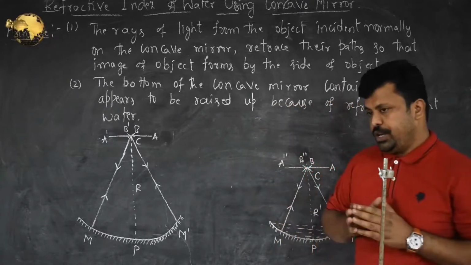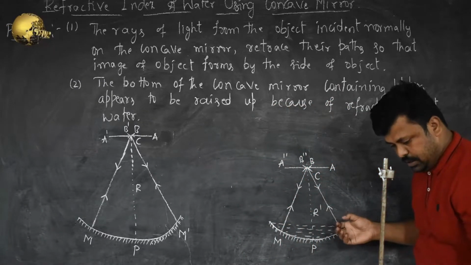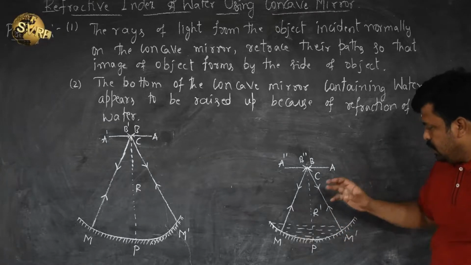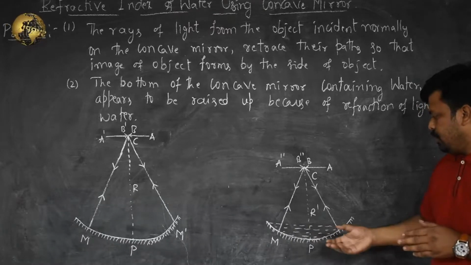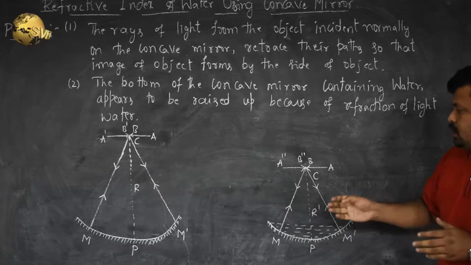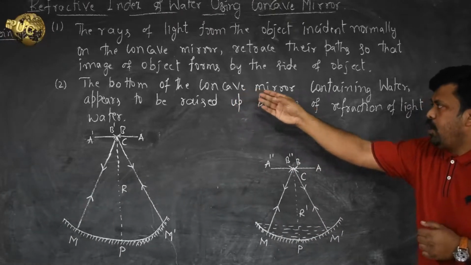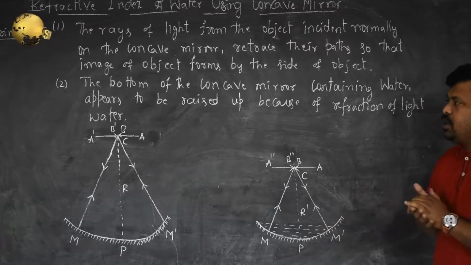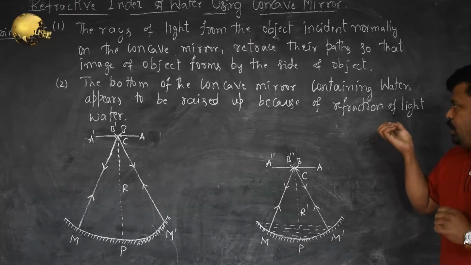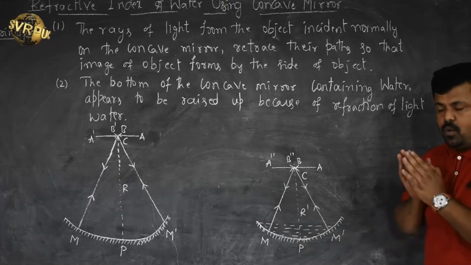In the second situation, we have dropped some water onto the concave mirror. The bottom of the concave mirror containing water appears to be raised because of refraction of water.